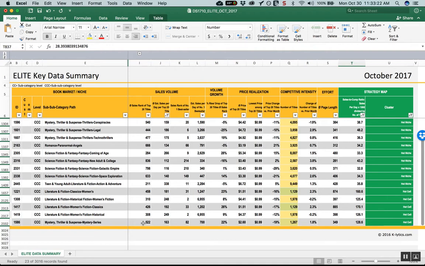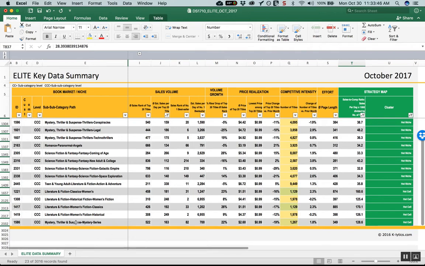Your sales rank is about 522, and the best seller sits at 700 titles per day, at a sales rank of 82, which means they're in the top 100, which lets you know that this is a really awesome category to get into.